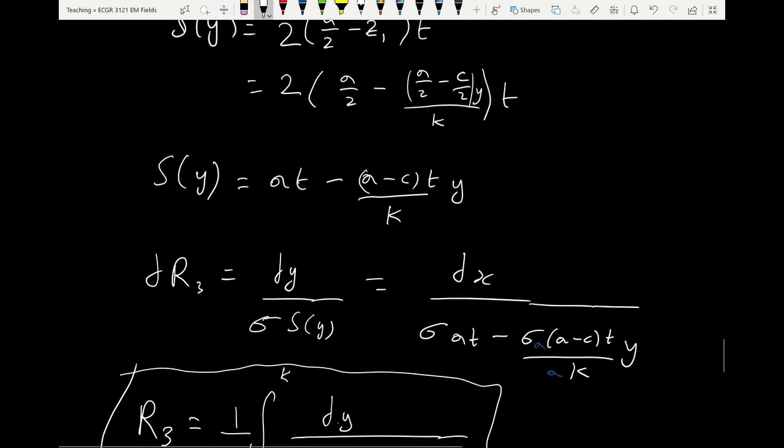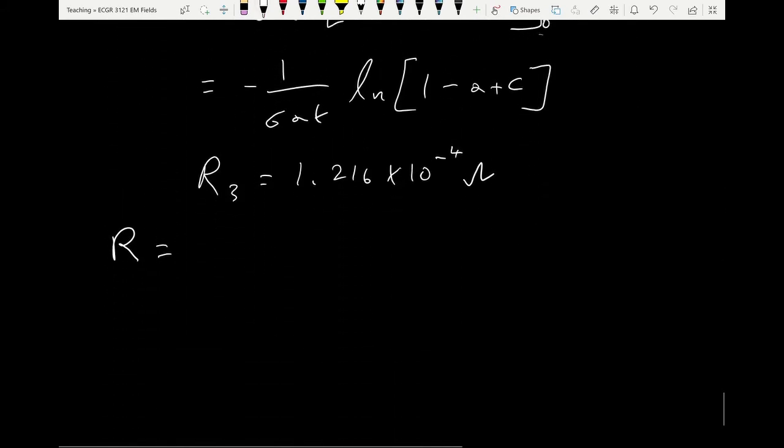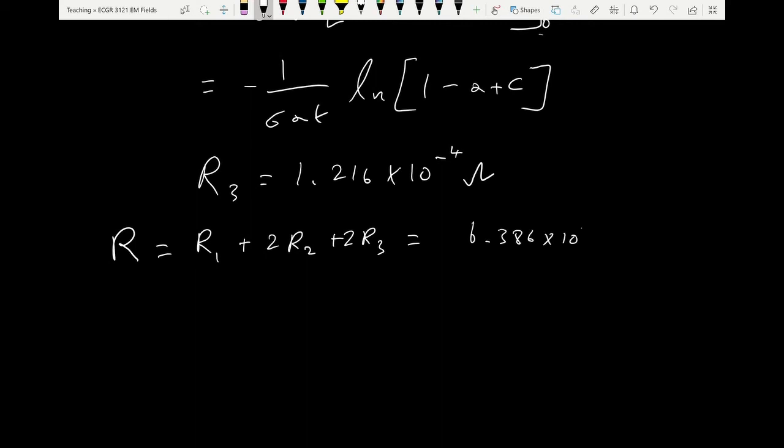So it's going to be R1 plus 2R2 plus 2R3, which, if you sum them up, will be 6.386 times 10 to the power minus 3 ohms, or 6.386 milliohms.